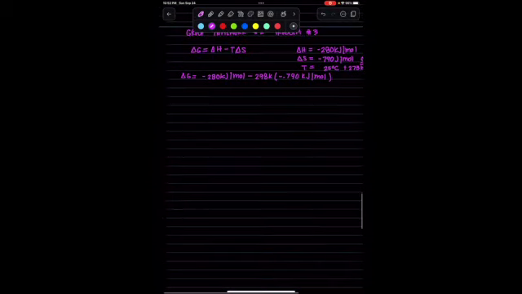And when we plug all that into our calculator, we get delta G is equal to negative 44.58 joules per mole, approximately negative 44.6 joules per mole.